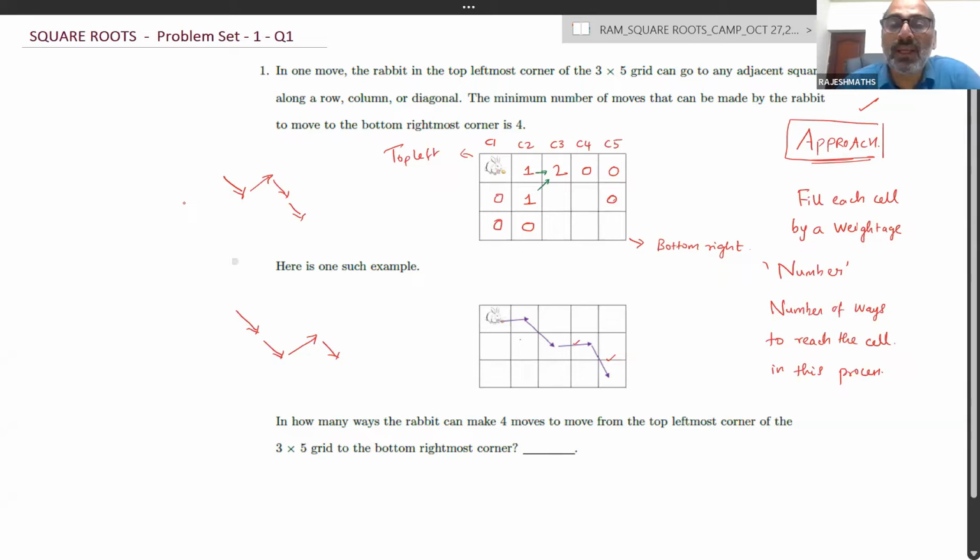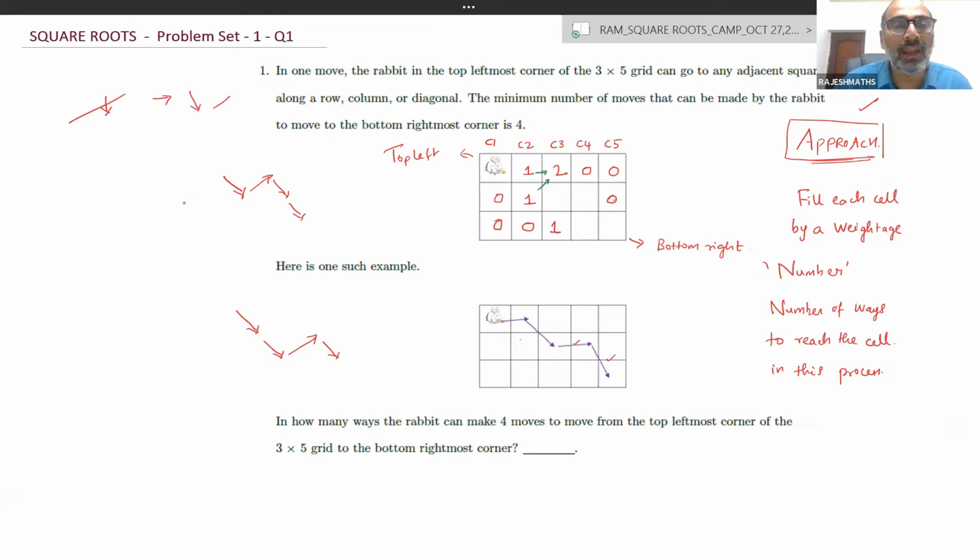So this number is going to be 1. What is the reason? Because you cannot come from up. No downward, because you will be staying in the same column; either right, or diagonally down or diagonally up are the only moves, because those make you move one column. So this is 1. 1 plus 0 is 1.